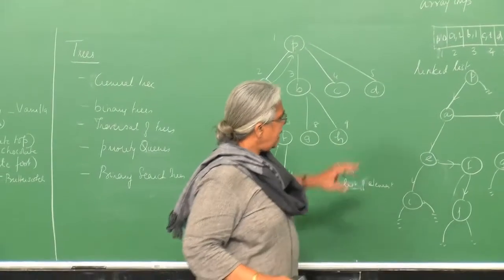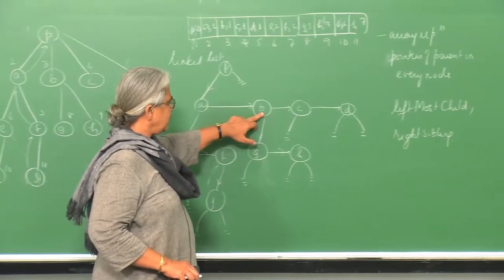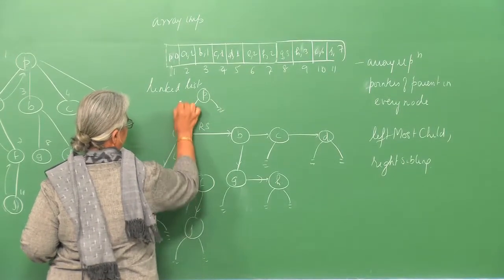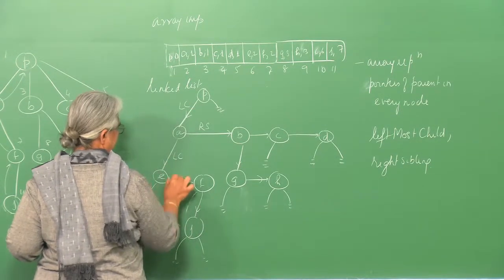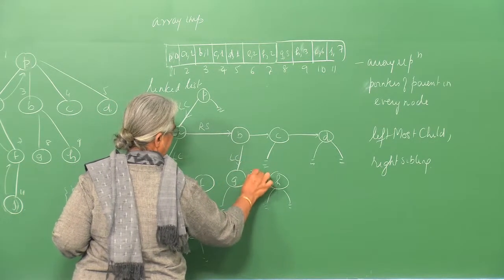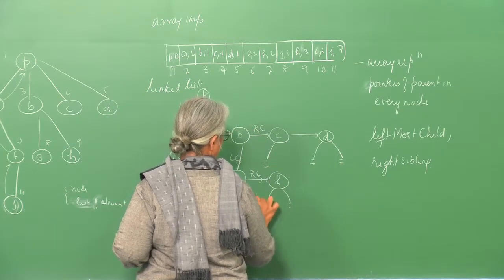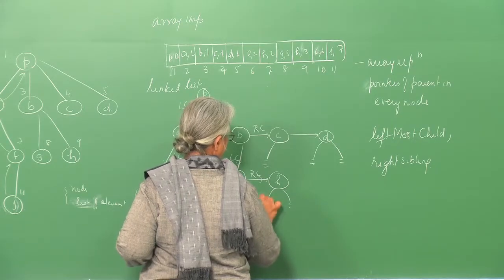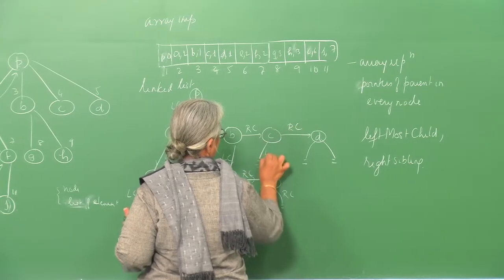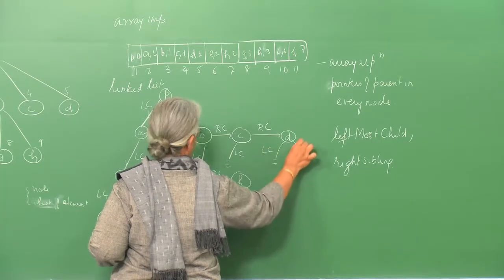Okay. And here what is it that is happening? A is the leftmost child and it is pointing to its right sibling, this is right sibling, this is its leftmost child, right sibling pointer, leftmost child, right sibling, leftmost child, leftmost child, right sibling, leftmost child, right sibling.